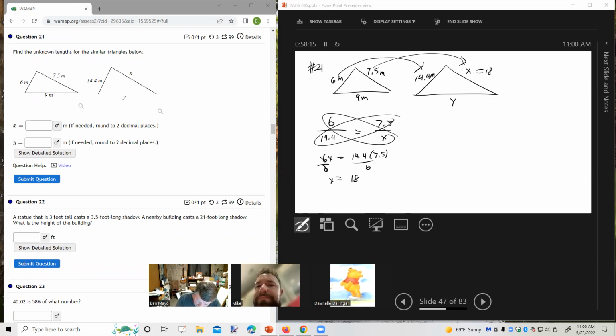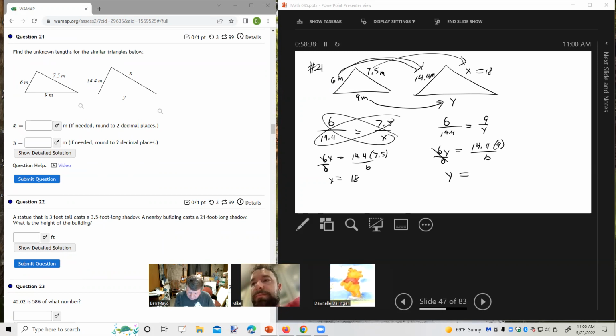And then for the y, we would say 6 is to 14.4 as 9 is to y. So 6y equals 14.4 times 9. Divide both sides by 6.